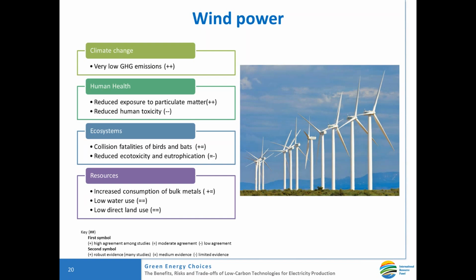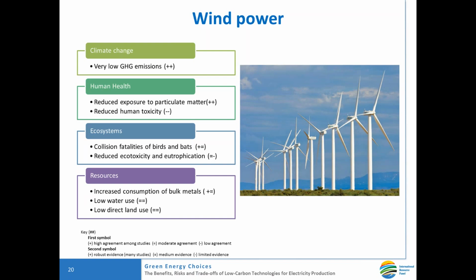Finally, we looked at the issue of resourcing. I haven't shown any results, but it's clear that wind power has a larger consumption of bulk metals and cement than coal power. However, the increases in material consumption are not that large, and the pollution associated with producing those materials has been taken into account in our life cycle assessment.